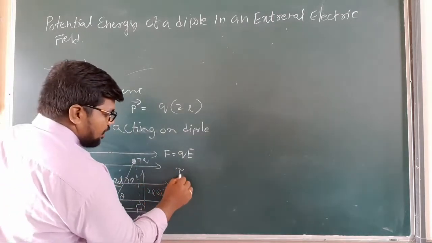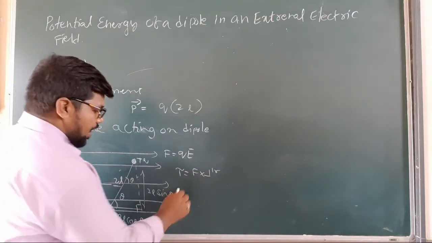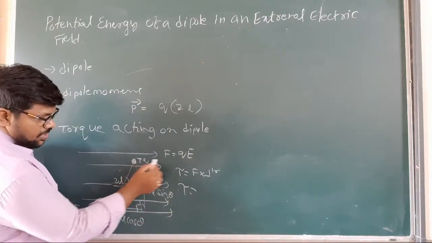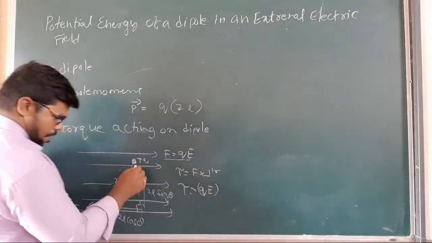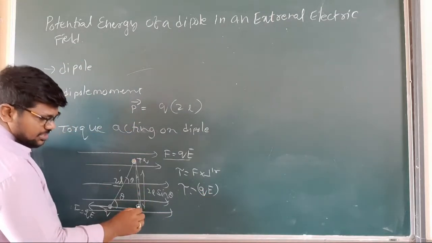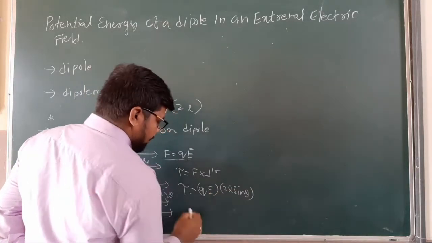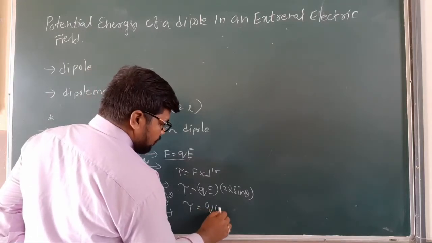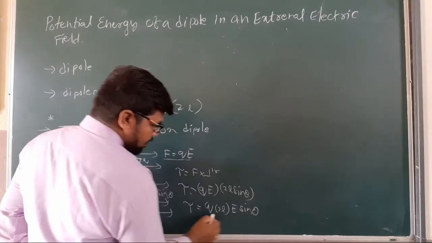We know that torque is equal to force into perpendicular distance. What is the force here? F is equal to QE. What is the perpendicular distance? It is 2L sin theta. So tau is equal to Q into 2L E sin theta.